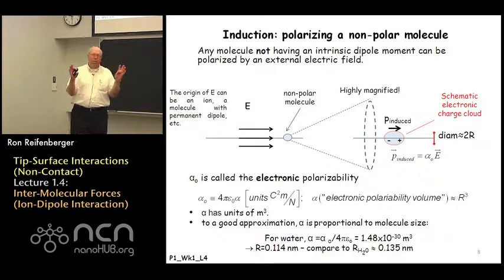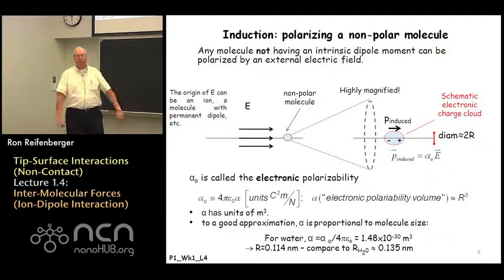So at this point, we don't really care how the electric field is produced. The electric field could be produced by an ion. It could be produced by a nearby dipole, by a nearby molecule which has a permanent dipole moment. At this point, we don't really care.